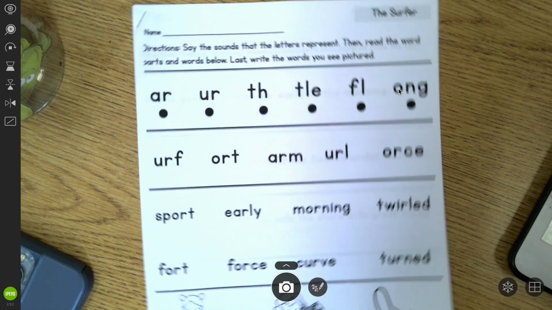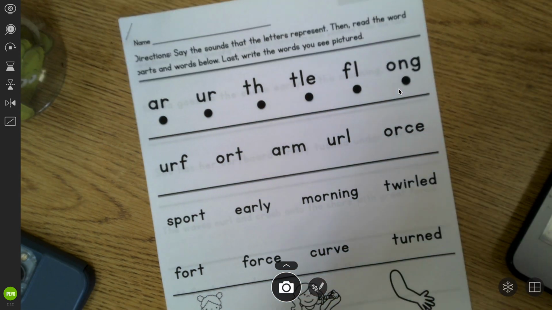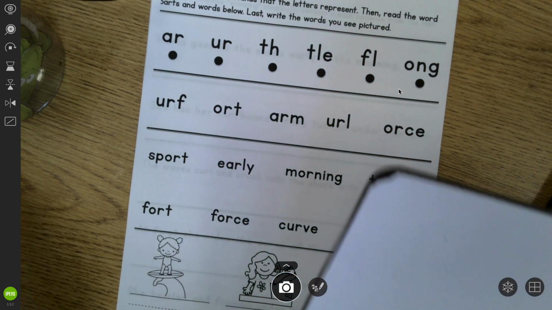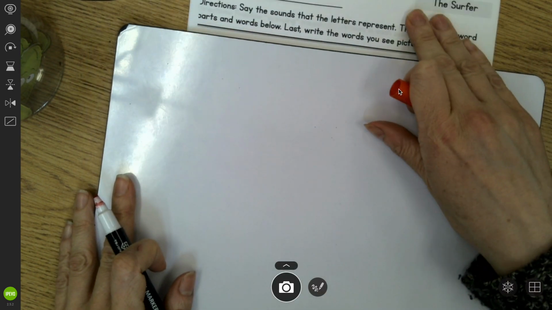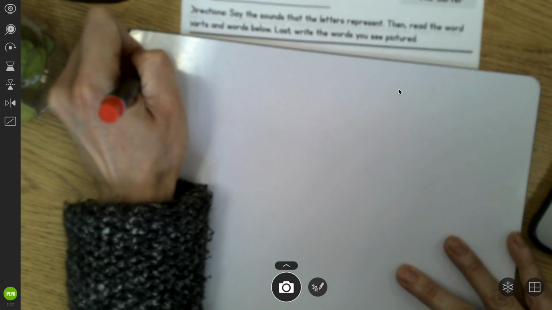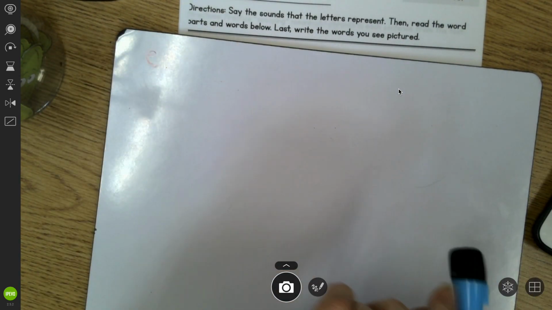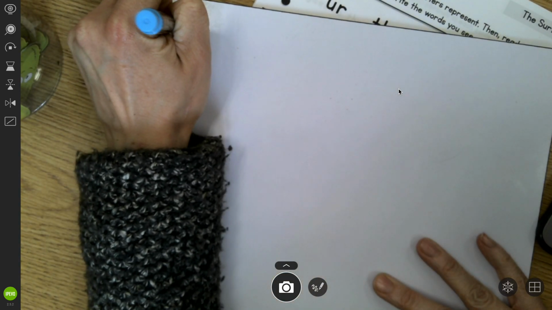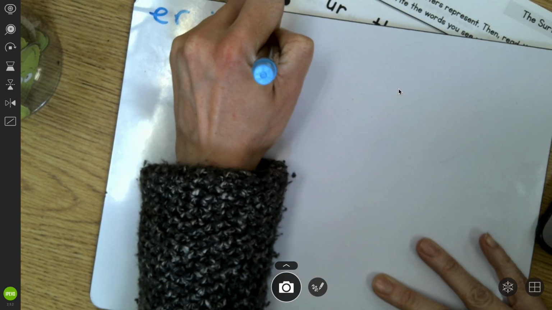Okay, so we are continuing with our R-controlled vowels. So let us quickly review them. Okay, we have ER, IR, and UR.